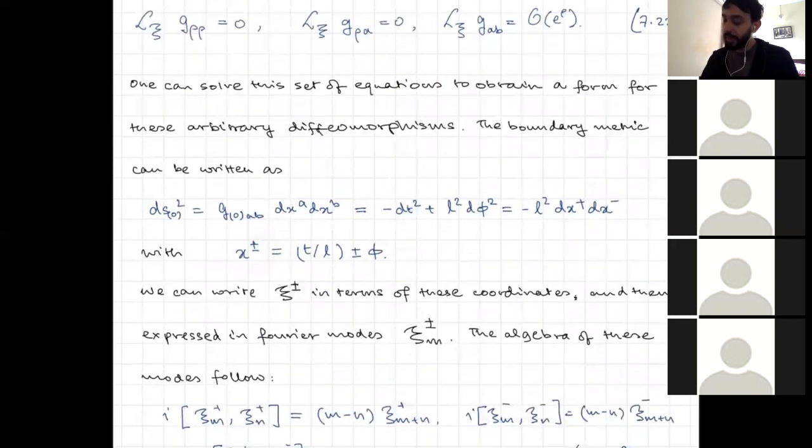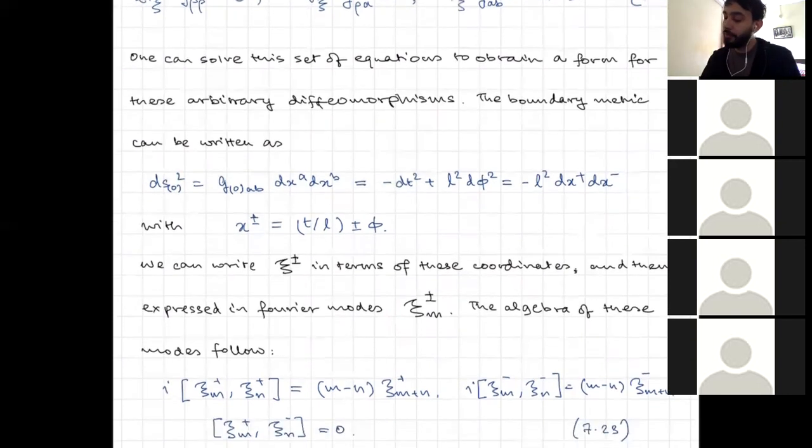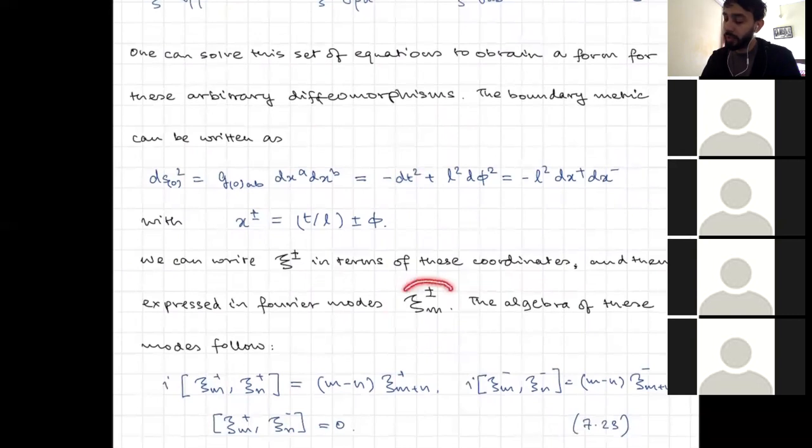Then you are going to get something like a xi^± here. And again, you can re-express these in terms of Fourier modes. So if you do all of this, which is reasonably straightforward to do, then you are going to get a form of these Fourier modes xi_m.